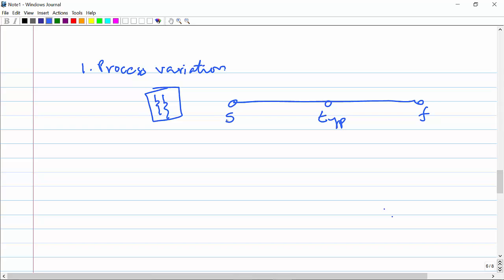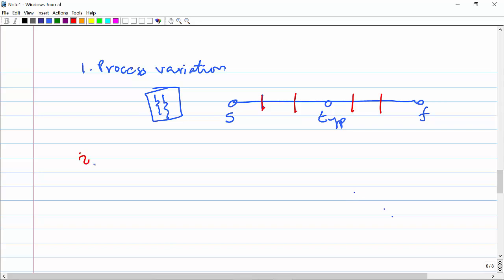Because I am not considering the mismatch now, I am considering only the process variation. So that means both the resistors will be either here, here, or here. Both of them will be exactly the same because we are not considering the mismatch now.